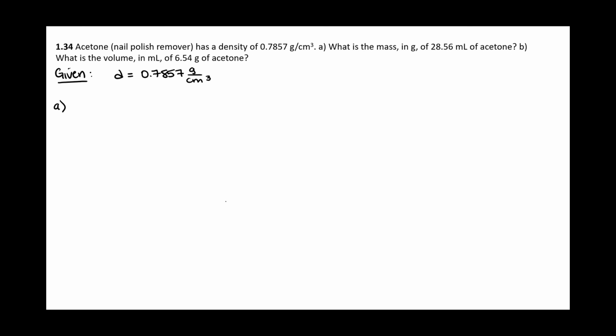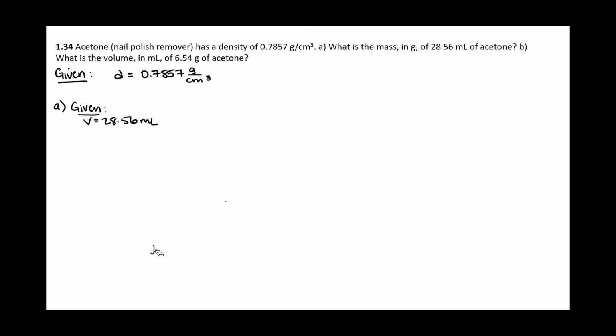In part A, we're also given a volume, 28.56 milliliters, and we're asked to find the mass in grams. Now I can still use that density equation.